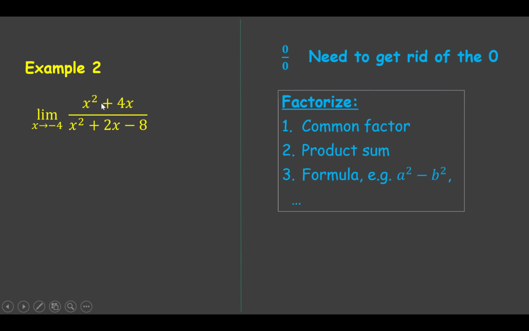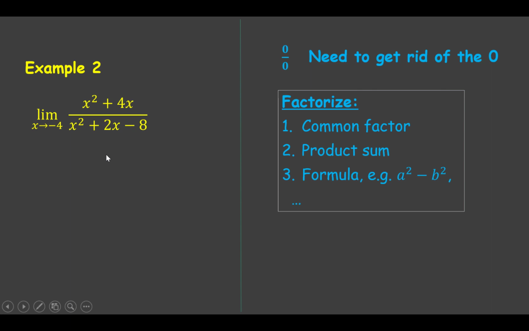Now on the top, if you look at those two terms, you see x is a common factor. So you can take out that common factor there. And then the bottom here, you want to factorize. Basically, you need two numbers whose product is -8 and sum equals 2.